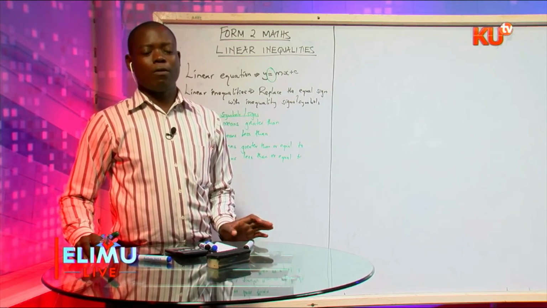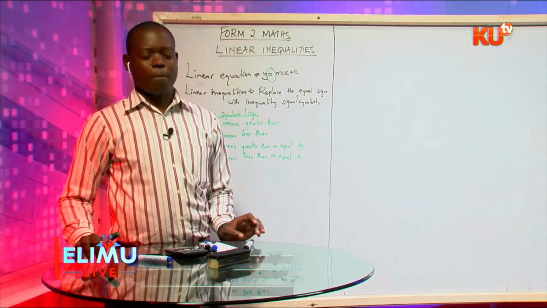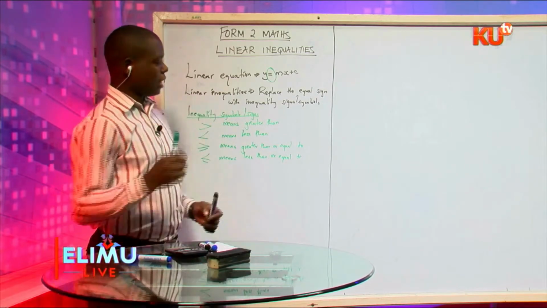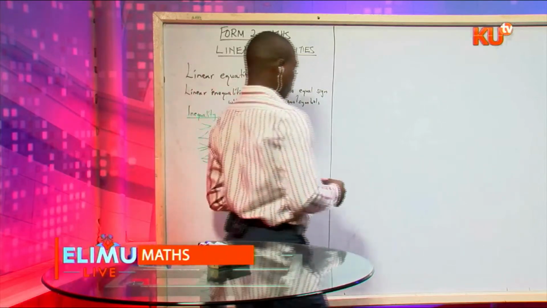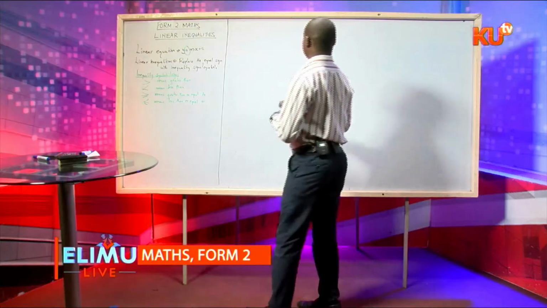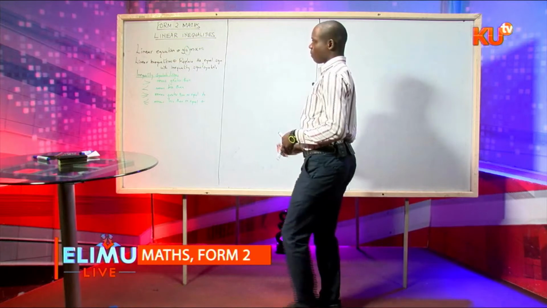If the highest power is 2, the Form 2s will understand that it becomes a quadratic equation. But now we are looking at cases where the highest power is 1, and we replace the equal sign with the inequality symbols to obtain what we call linear inequalities.